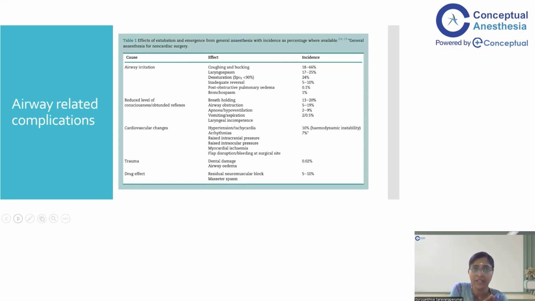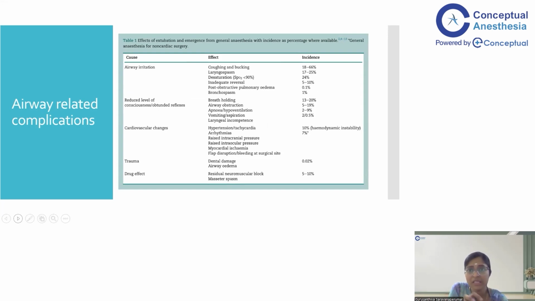So airway-related complications carry a notoriously higher incidence among perioperative or post-extubation complications, wherein airway irritation can cause cough and bucking, laryngospasm or desaturation, inadequate reversal, post-obstructive pulmonary edema and bronchospasm.